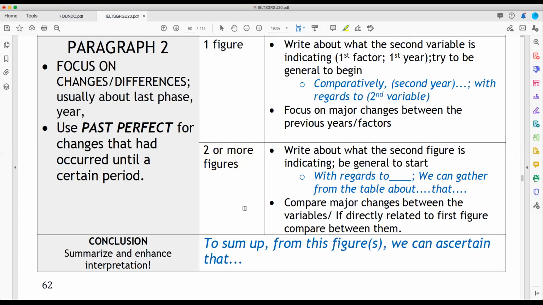The minimum is 150. And with 150 words, you can get 9 or you can get 3. It just depends what words you say.